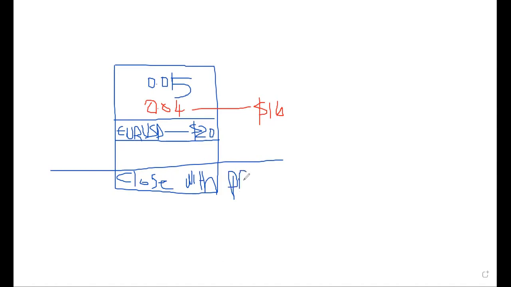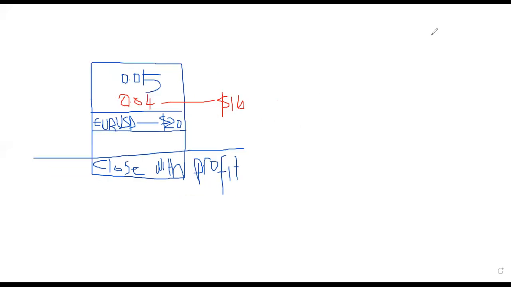At the bottom of your open position on MetaTrader 4 or 5, you see something like "close with profit, $16." Once you close that trade in profit, $16 will be registered in your profit margin. So if $16 is registered, you are left with $4.